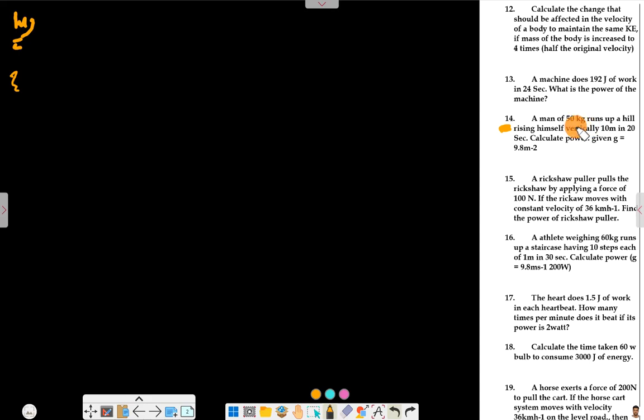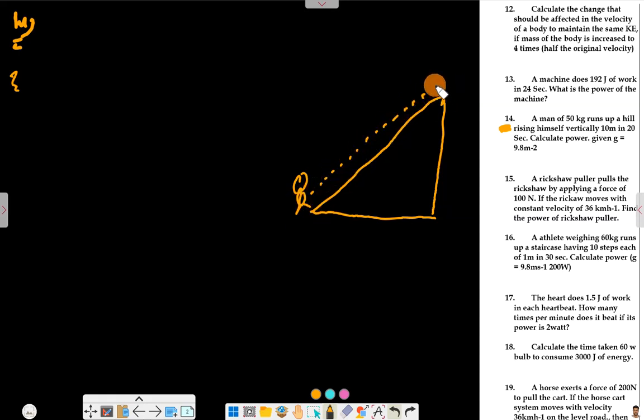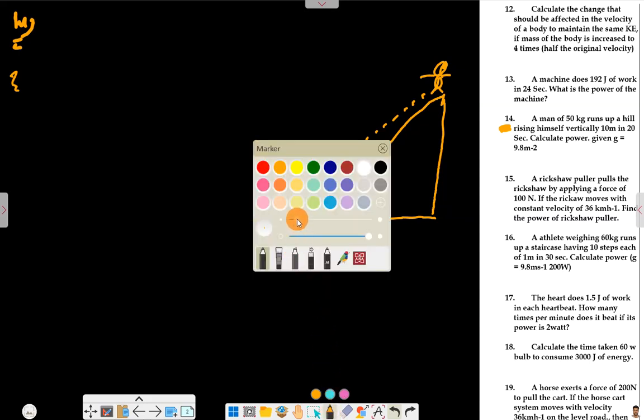A man of 50 kg runs up a hill, raising himself vertically 10 meter in 20 seconds. Calculate the power. So it's like this. There is an inclined hill. The man walks over it like this and reaches here.